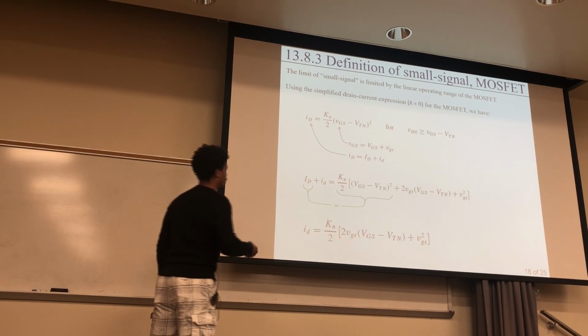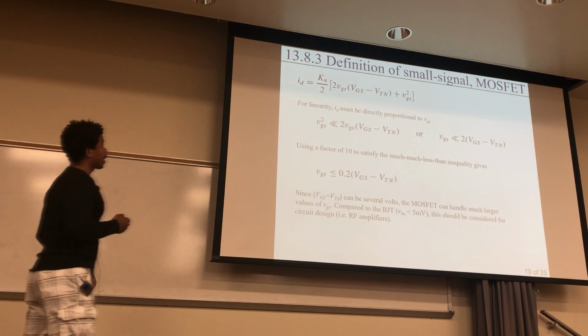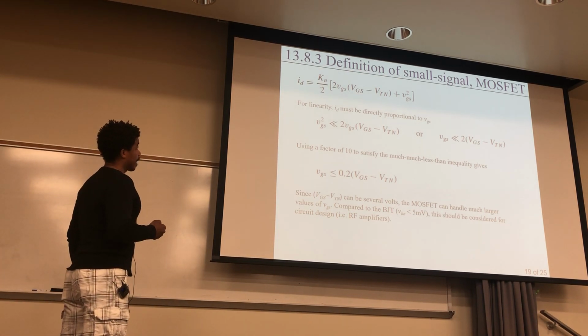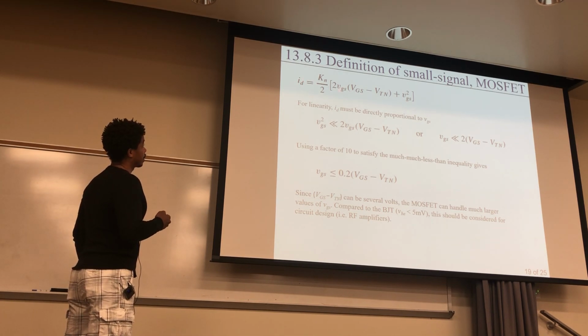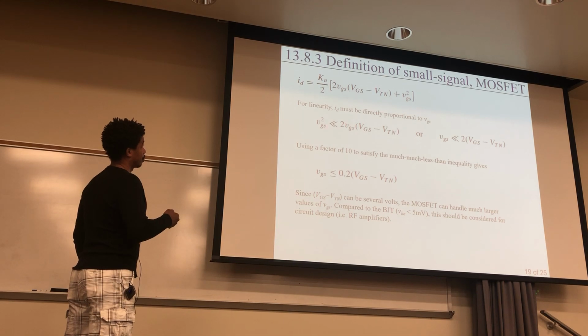From that, you know for linearity this ID must be directly proportional to this VGS. That means this term is really small compared to this term. This one's negligible for this condition.